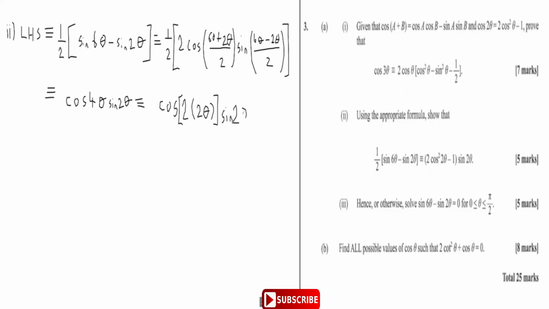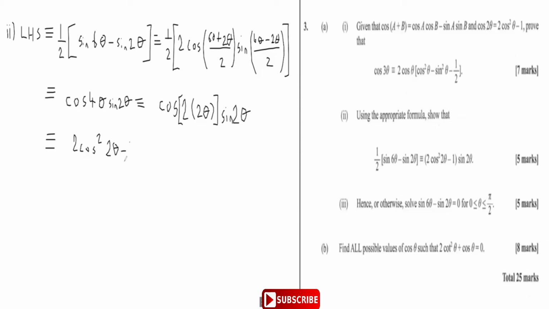All right. Then what is the cos of 2x? That's 2 cos square x minus 1. So this is going to work out to be 2 times cos square 2 theta minus 1.